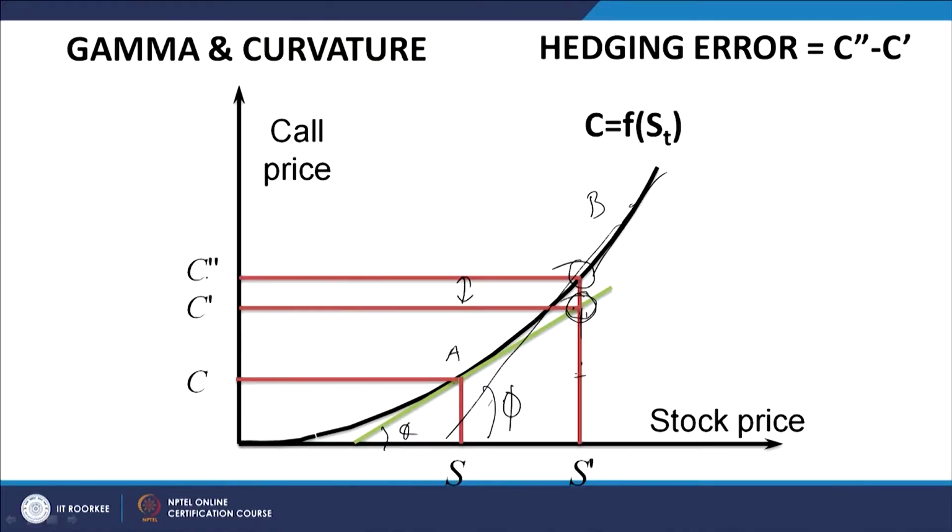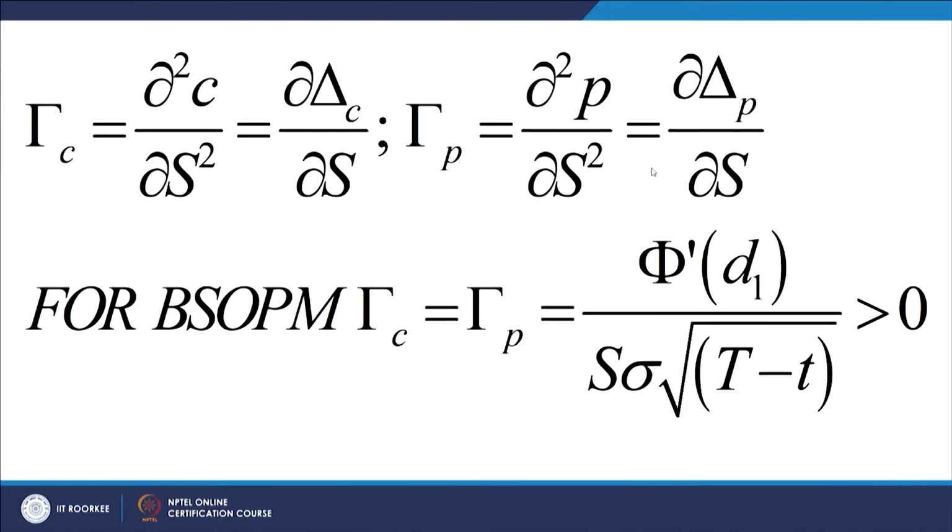C double dash minus C dash represents the hedging error, and this is measured by gamma, measured by the curvature of the price of the call option. So, this is the expression for gamma, quite straightforward.